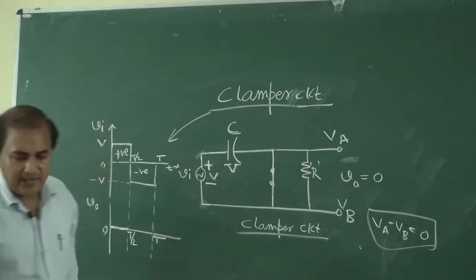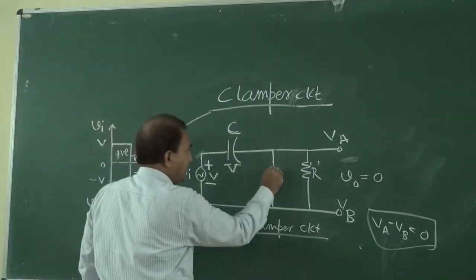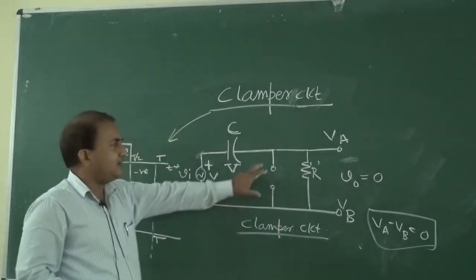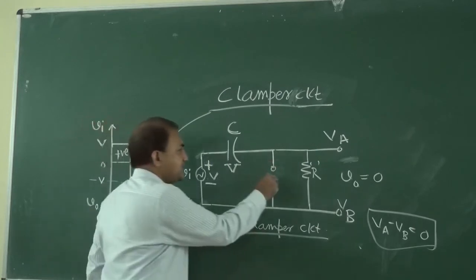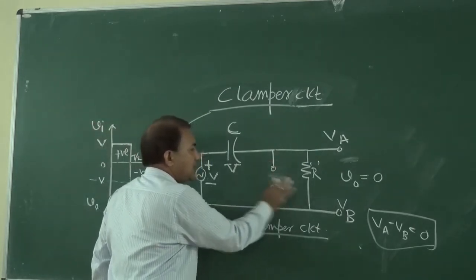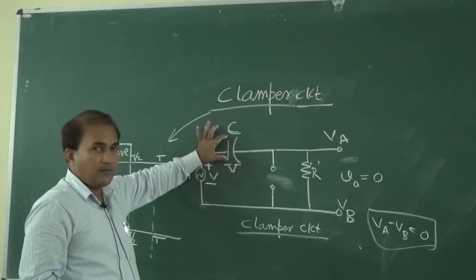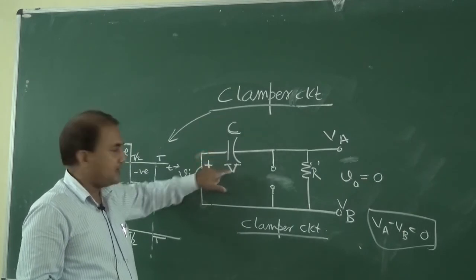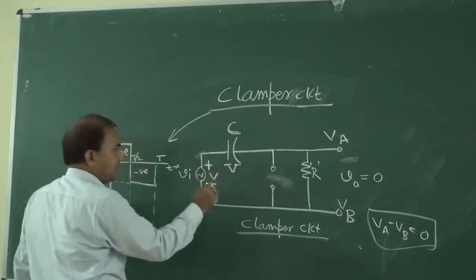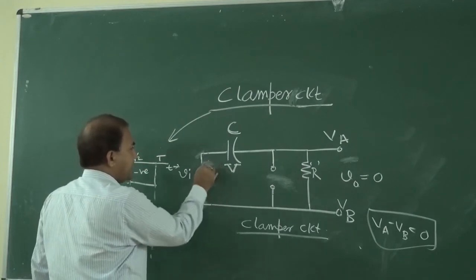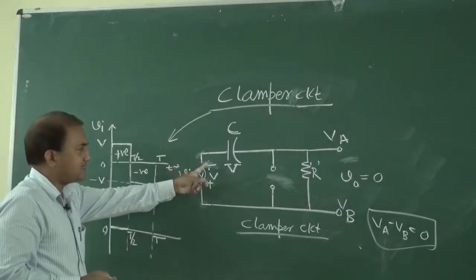Now during the negative half cycle, this diode will be in reverse bias condition, so it can be replaced with an open. During the positive half cycle, the capacitor was charged up to V, and the input is also V, so plus V and plus V. Now for the negative half cycle, the polarity will be like this, minus plus.